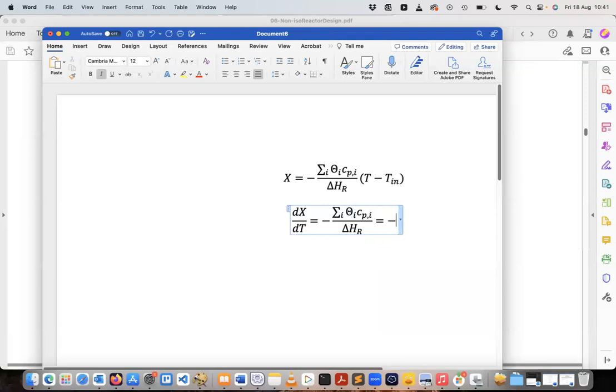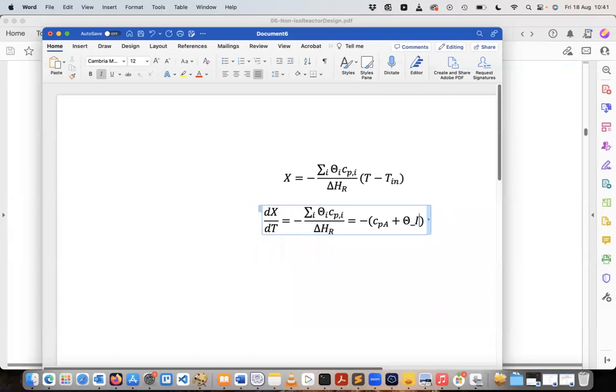So we're going to add a component. We are still feeding component A, so that C_PA is going to be what it is. But now we're going to add an inert as well. So here we will need to retain the theta.